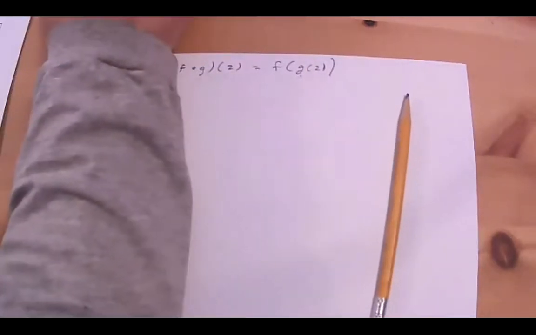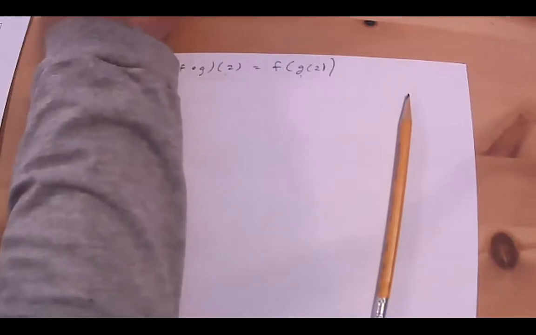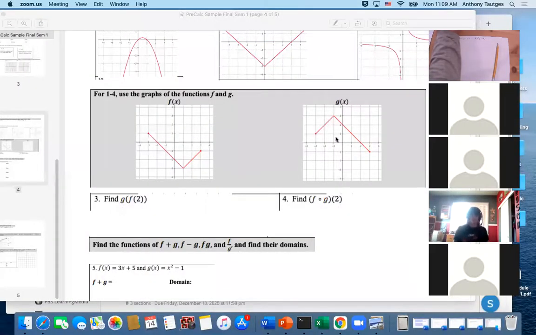So sharing once again, back to our function. Here's g, and g of 2 is 0. And then f of 0 is -2. So for number 4, the answer is -2.